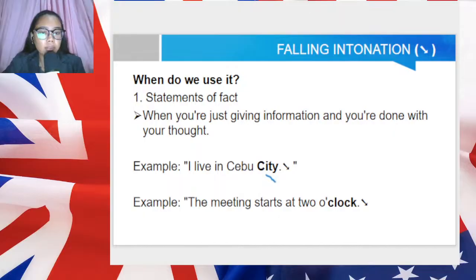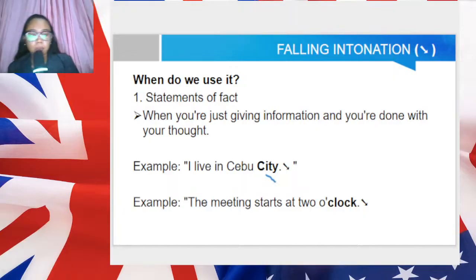There's no doubt in their mind, and they expect the listener to accept it as a fact. The falling intonation on city perfectly reflects this. Your voice descends, signaling that this is my location, period.